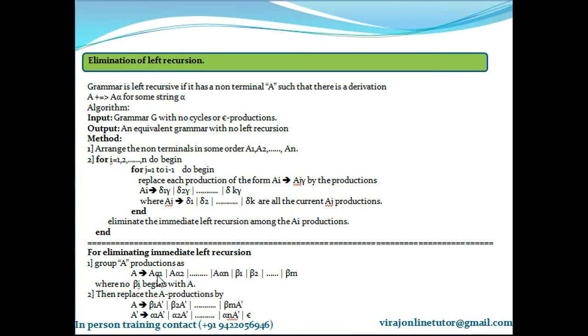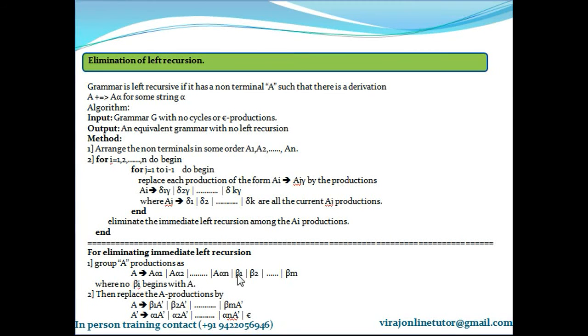That means A alpha 1 till A alpha n, all these productions start with capital A. Or beta 1, beta 2 till beta m. So all these productions beta 1, beta 2 till beta m do not begin with capital A.